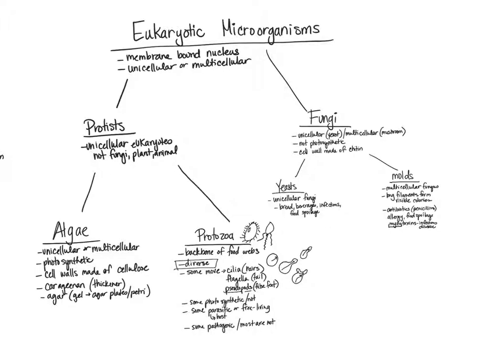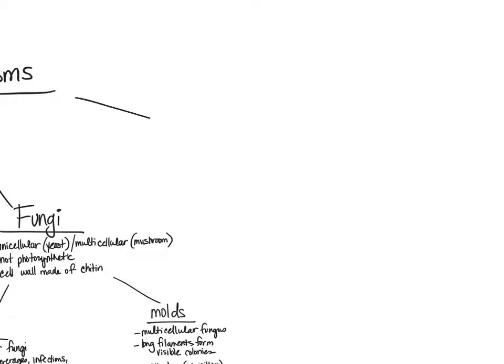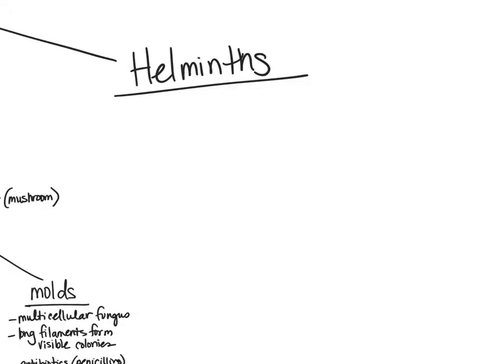We're talking about our tiny stuff. Our last group of eukaryotic microorganisms that we are going to talk about are the helminths. The helminths are multicellular parasitic worms.